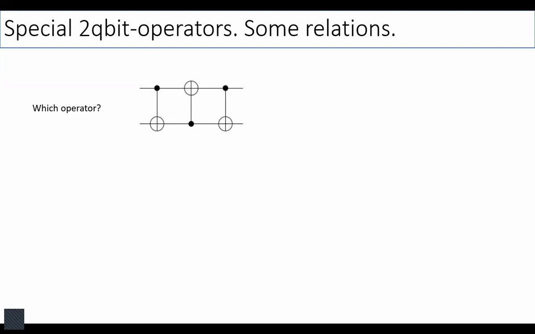I apply not C to this, so the second always stays, because now the controlling qubit is the second. Because it is equal to 1, the first one should change. So it goes to 1, 1.